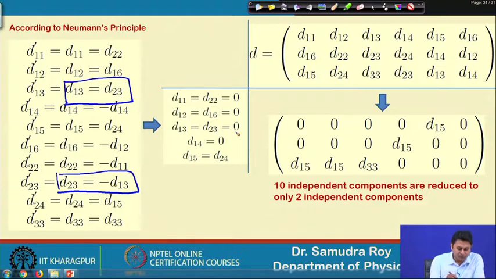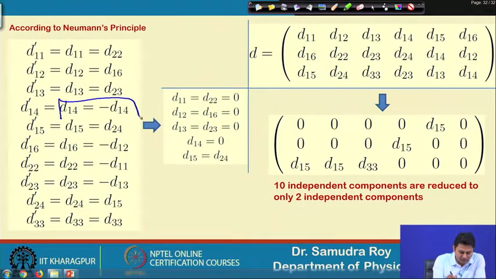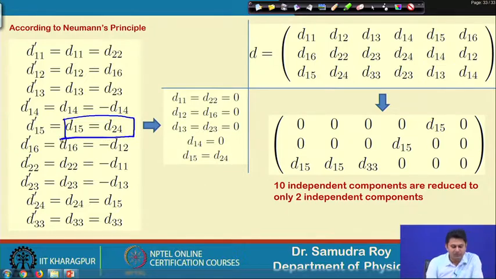What about D14? We have an equation here which suggests that D14 is equal to minus D14. Again this equation cannot hold unless the value of D14 is 0. So that means D14 is 0. Anything else? We have one equation that D15 is equal to D24, but we do not have any other equation.